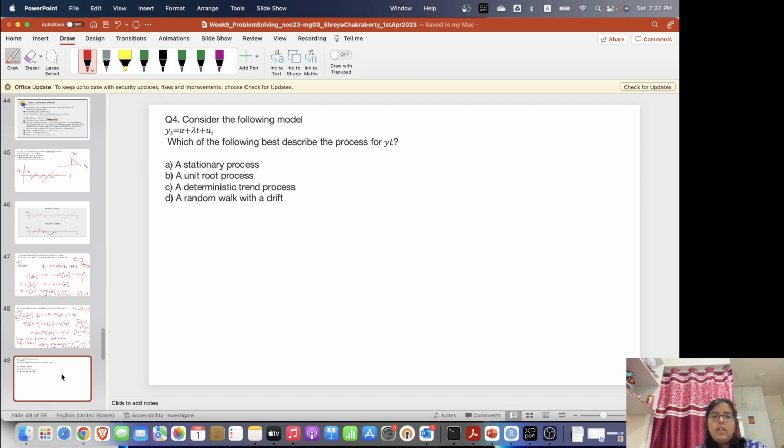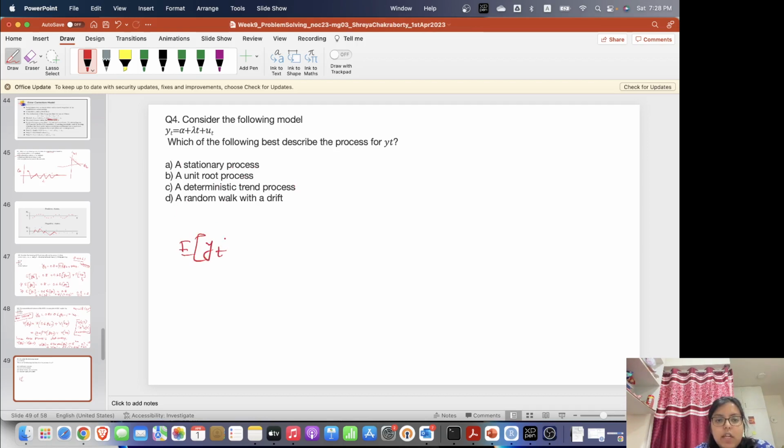All right. Then we have this question. We consider this model yt equal to alpha plus lambda t plus ut. Which of the following best describes the process for yt? So here, is it a stationary process?